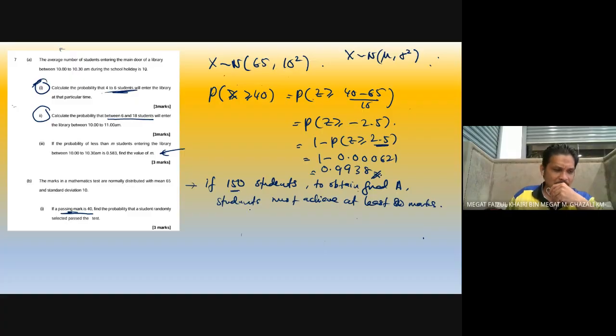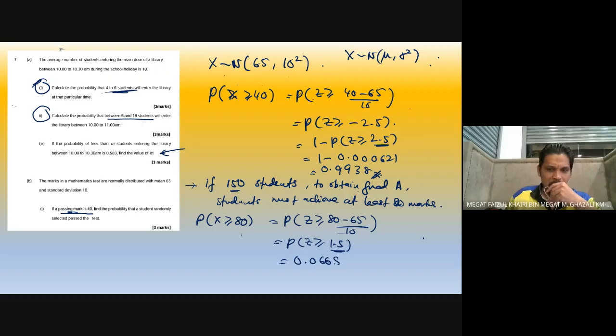So in this case, probability of x greater than or equal to 80, which is probability of z greater than or equal to 80 minus 65 divided by 10, then it is probability of z greater than or equal to, pressing the calculator button, 1.5. And then the probability of this is 0.0668.